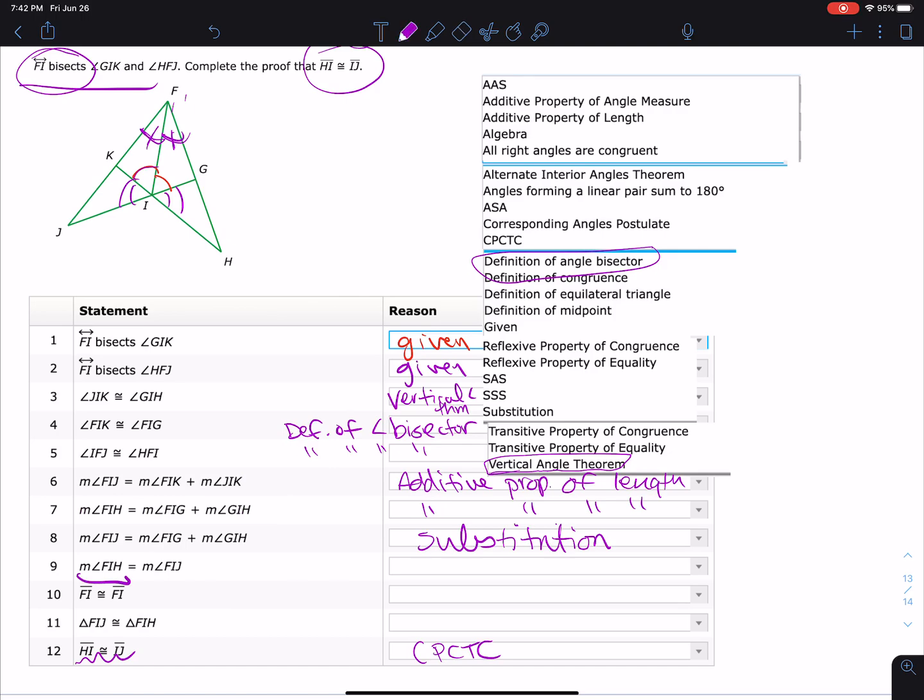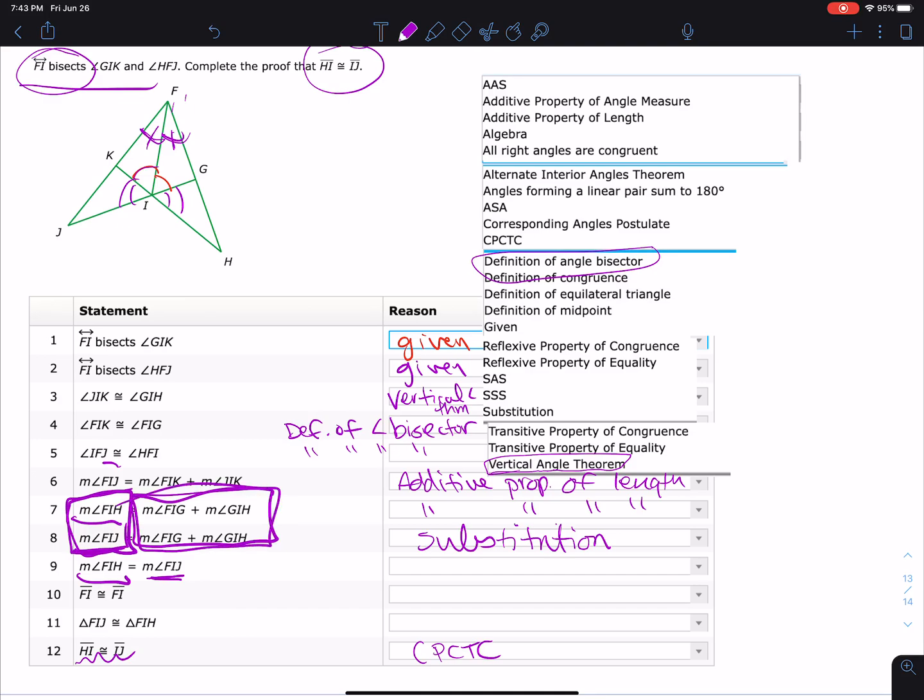So FIH is here. FIJ is here. Oh, this is fun. So somehow we're setting these two guys equal to each other. And we can do that because these two are equal to each other.